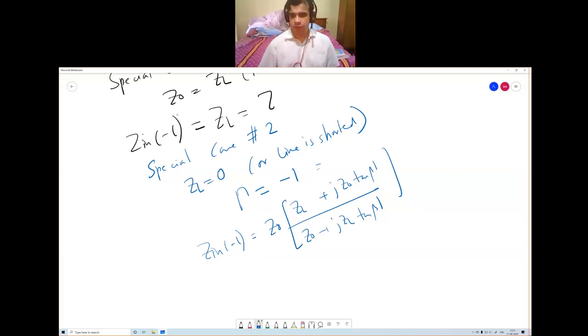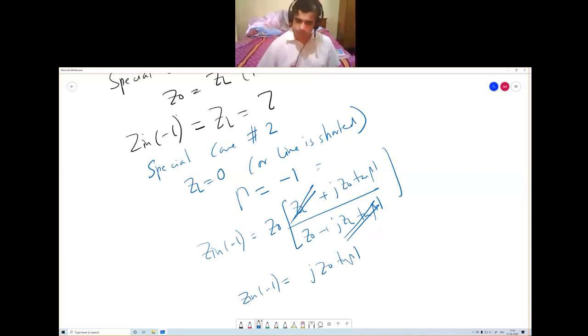Now what happens if ZL is 0? If ZL is 0, these two terms will go out because they are 0. So what is Zin of minus L? Simply JZ0 tan beta L. Will you get this value for ZL equal to 0?